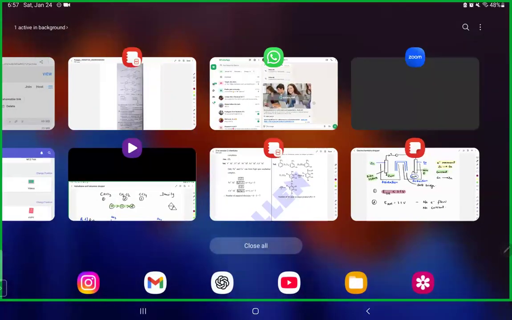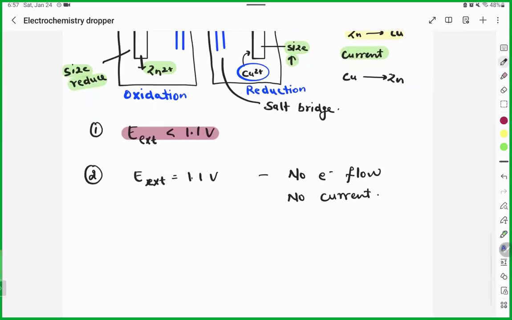So it means when the external potential is less than 1.1, your internal zinc and copper are working. But in the third situation, when your external value is too high, it will influence your system.